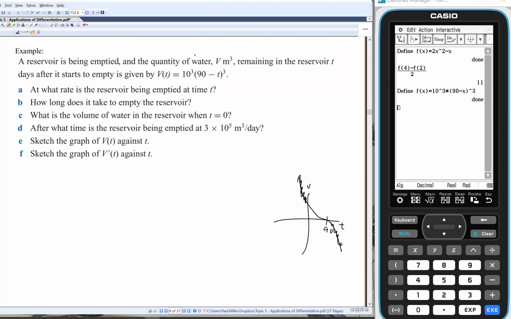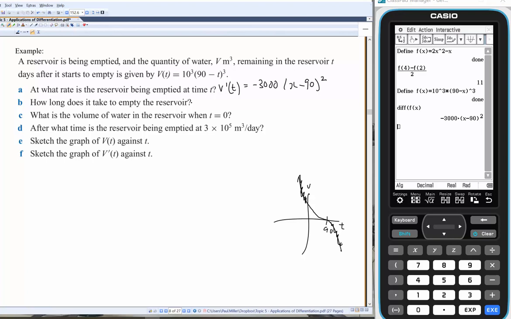To derive it, we're going to go diff f of x. That's our derivative. Let's write that in. V dash t is equal to negative 3000 times (90 take t) all squared.